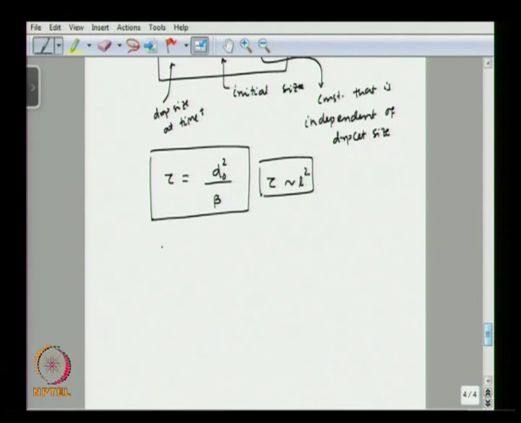So as L is going to reduce, the time constant is also going to reduce. So what we see here is that miniaturization favors droplet evaporation, right.